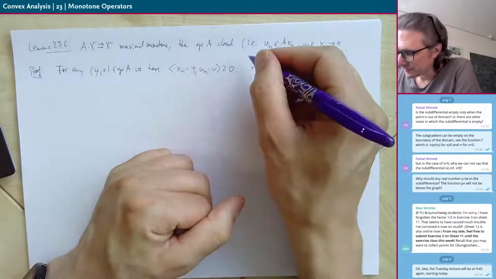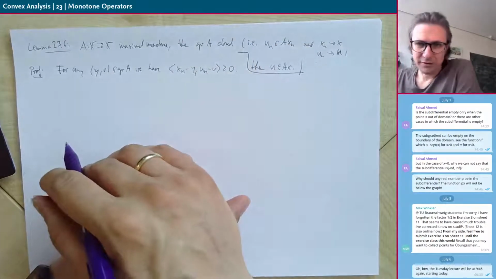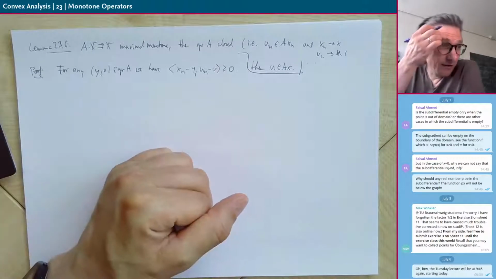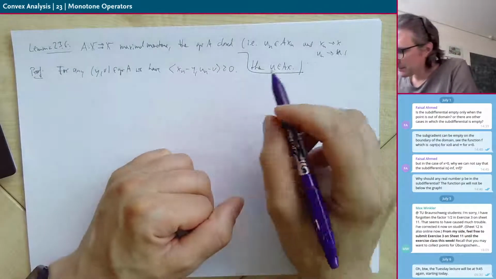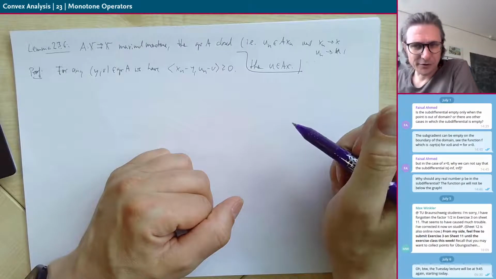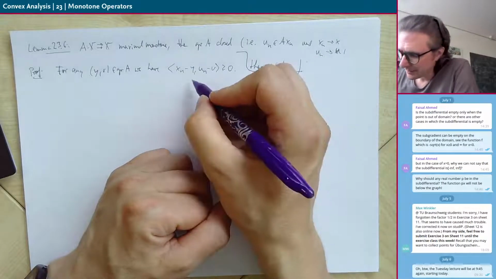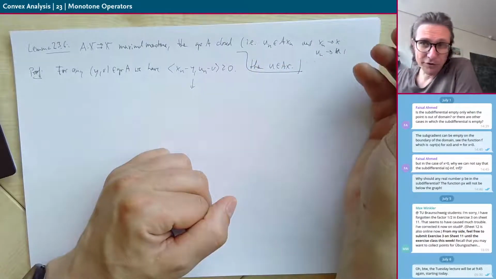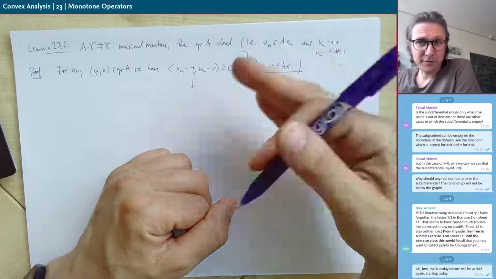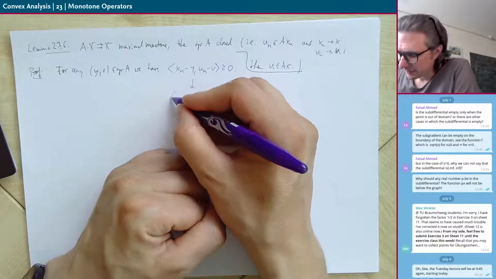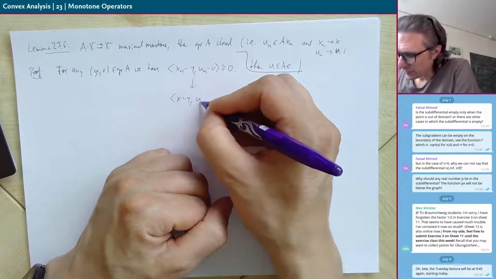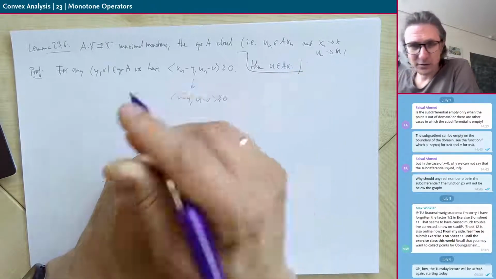So this is just monotonicity. But then if now the xn converge and the un converge, this inner product also converges, right? It's continuous in both coordinates simultaneously. So then you also have that x minus y times u minus v is non-negative.